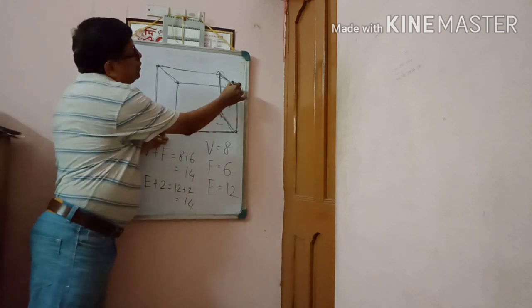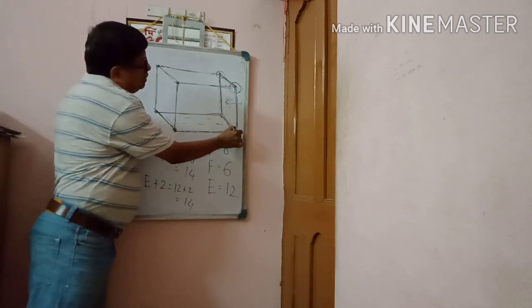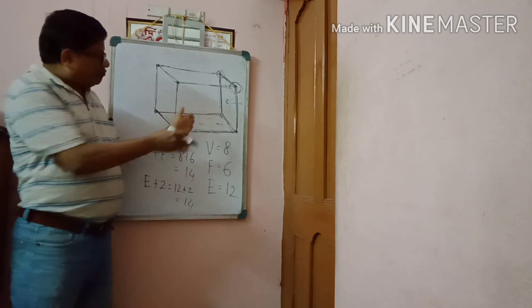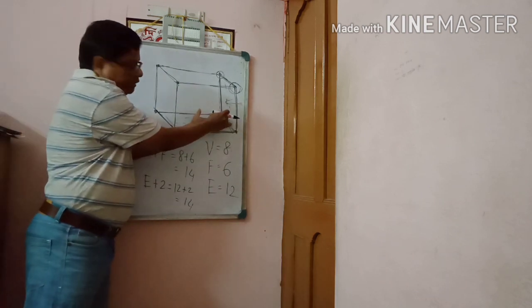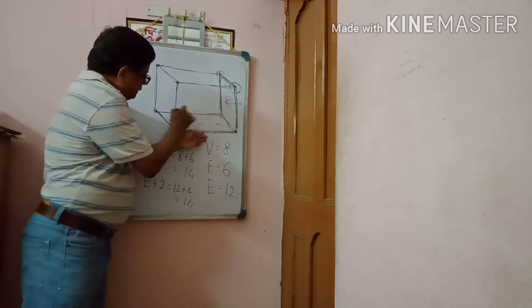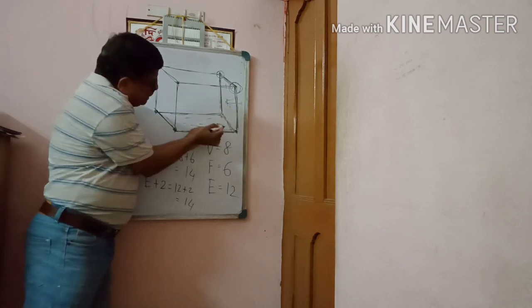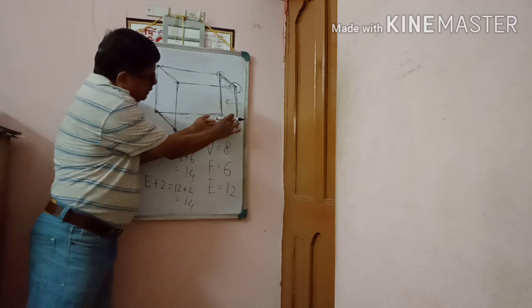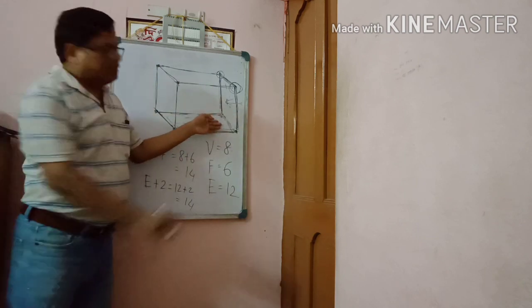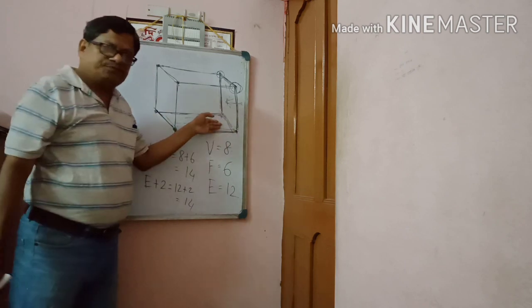This is one edge, a line segment. Two planes intersect, look here, this is one surface, this is one surface, they intersect here, meeting in a line. So this part is an edge.